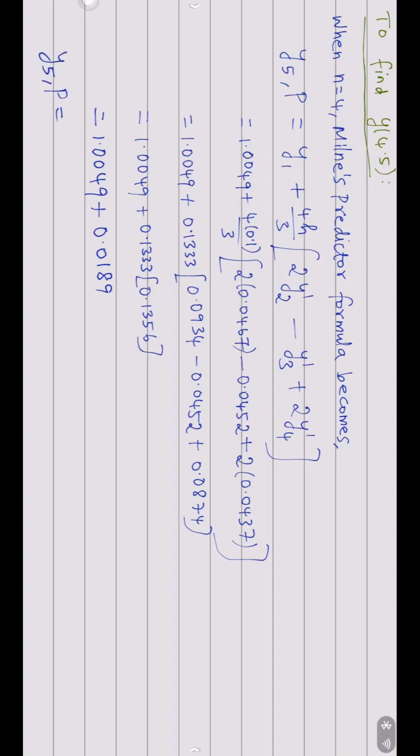On substituting these values, we obtain the predicted value of y5 as 1.0230.